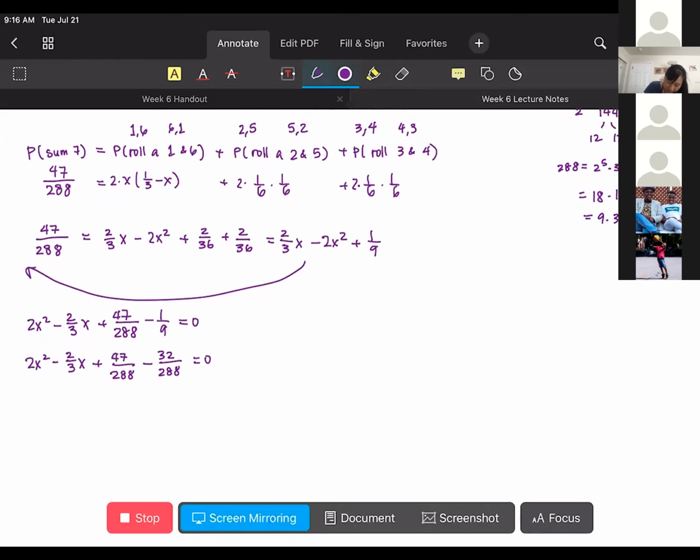Help me check my math. 2x squared minus 2/3 x. So now it's going to be 15 over 288 equals 0. That looks better.